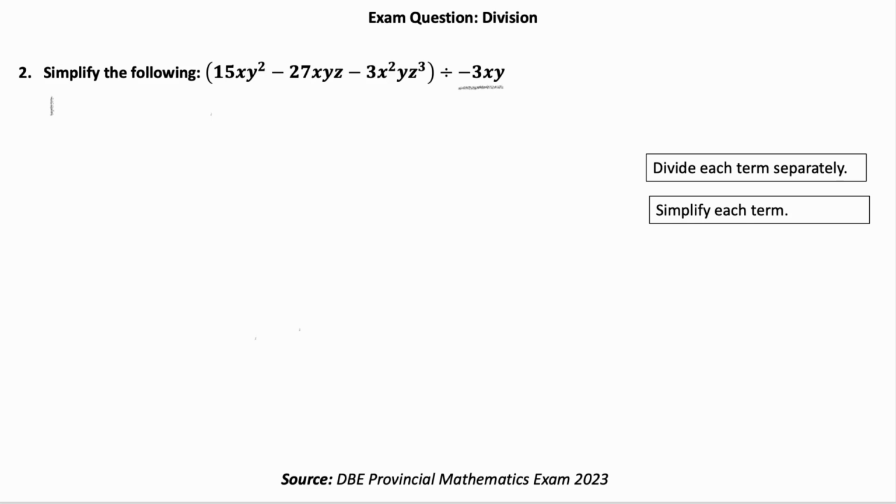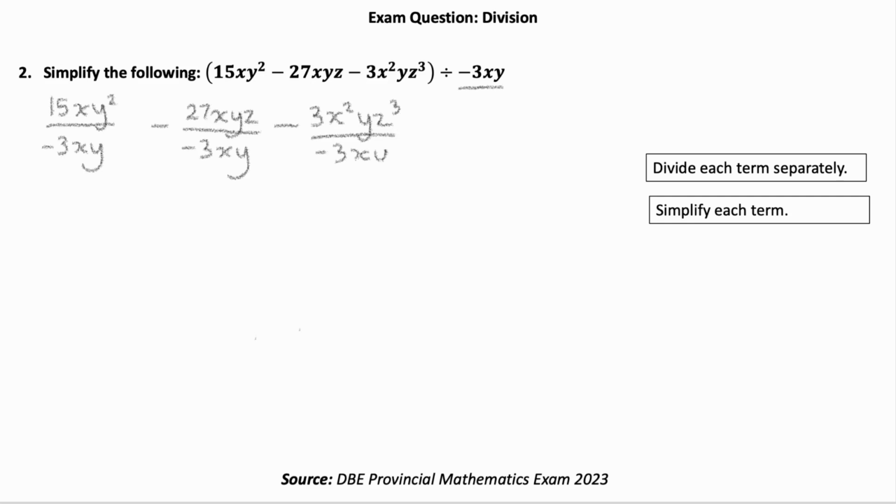So we start with 15xy squared divided by negative 3xy minus 27xyz divided by negative 3xy minus 3x squared yz cubed divided by negative 3xy. Notice that the negative signs in the denominators will affect each term's sign, so we must be careful when simplifying.